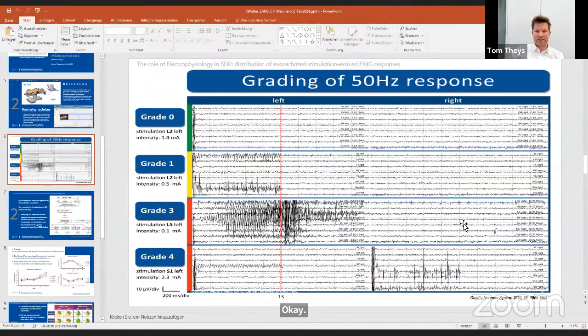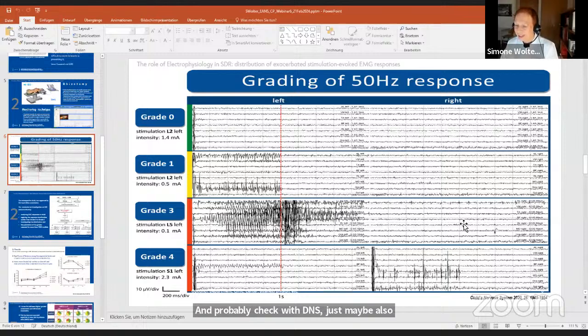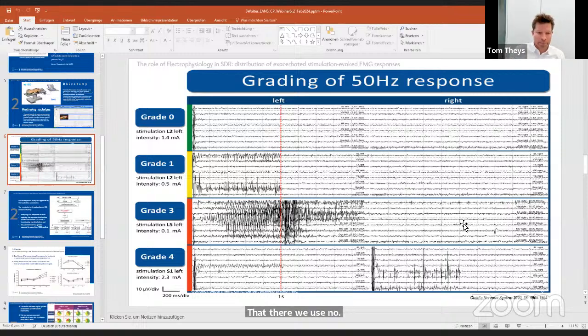And probably check with the anesthesiologist maybe also. Yes, you have to talk to the anesthesiologist, because the procedure of the anesthesiologist should be adapted to the neuromonitoring. But this is true in all the operations where we use neuromonitoring.